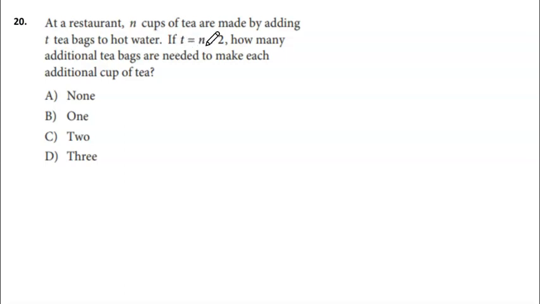If T is equal to n plus 2, how many additional tea bags are needed to make each additional cup of tea? Right? So we have T cups of tea equal to n tea bags, and then there's a constant 2, right? So anytime this changes, this is supposed to change, right?